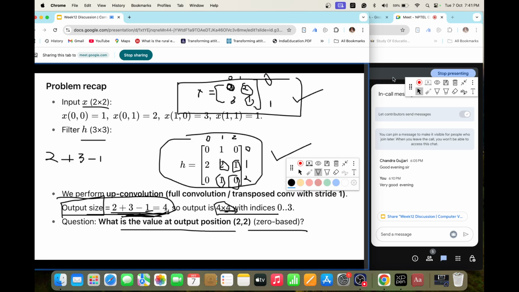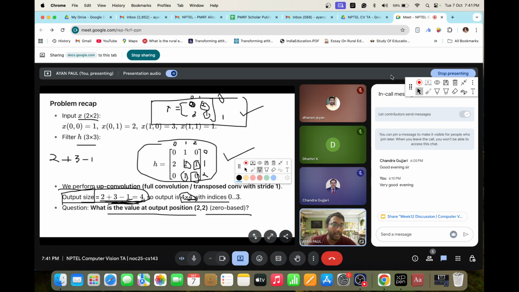Is this clear? The input is a 2 cross 2 matrix, so 0, 1. The filter is a 3 cross 3 matrix, so 0, 1, 2. The upconvolved output we just calculated is 4 cross 4, so we will have 0, 1, 2, 3. Now we have to calculate the value at position 2, comma 2.